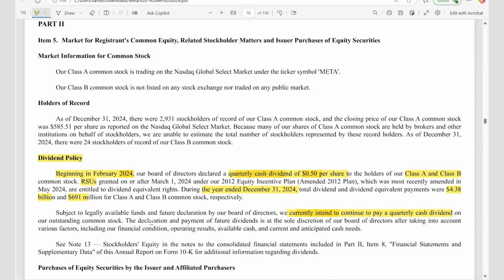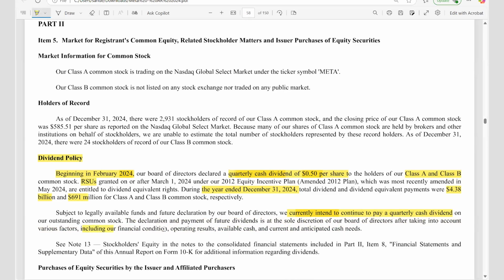On our outstanding shares, the declaration and payment of future dividend is at the sole discretion, which means they have also given a condition. That is a kind of disclaimer that the declaration and payment of future dividend depends on and is at the sole discretion of the board of directors after taking into account various factors. What can be the factors which can impact your dividend payment?